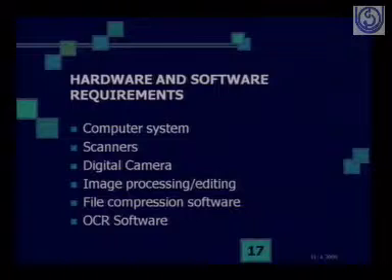Let's take a look at the hardware and software requirements when the digitization process is on. We require computer systems, scanners, a digital camera, image processing and editing facilities, file compression software, and OCR software.